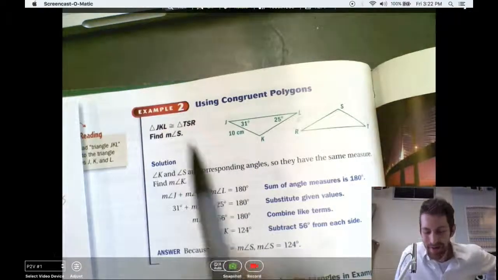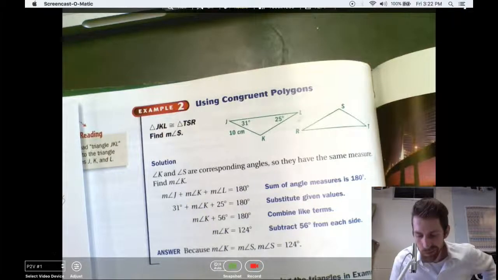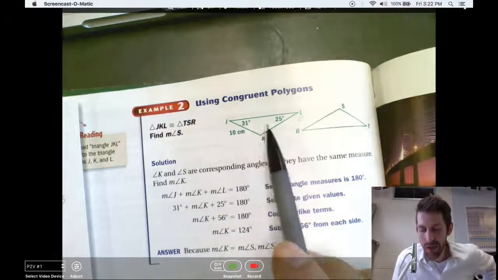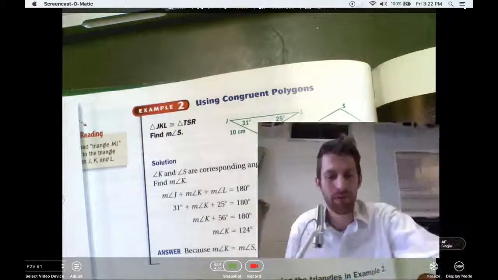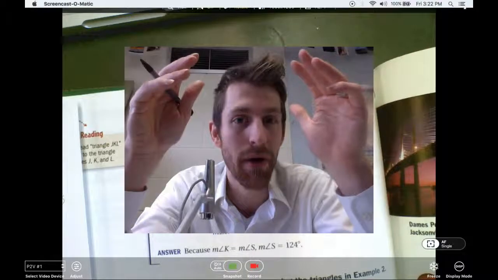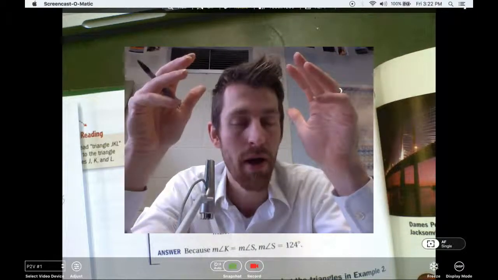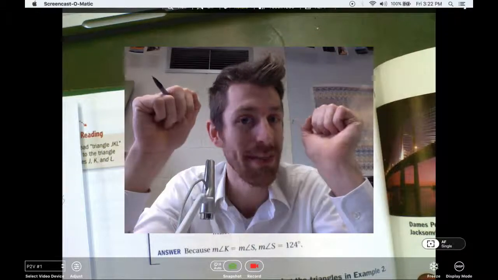All right, now find the measure of angle S. Well, corresponding parts. Point number 2 here, okay? Corresponding parts of congruent polygons always equal each other.